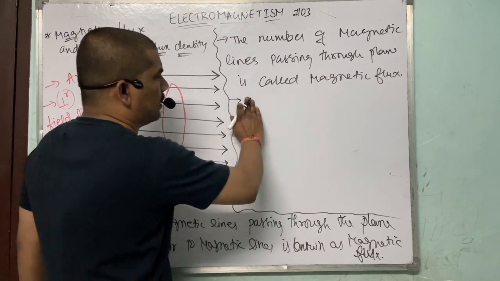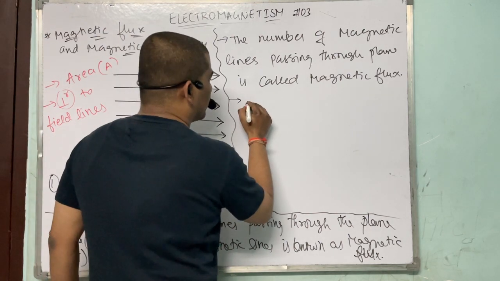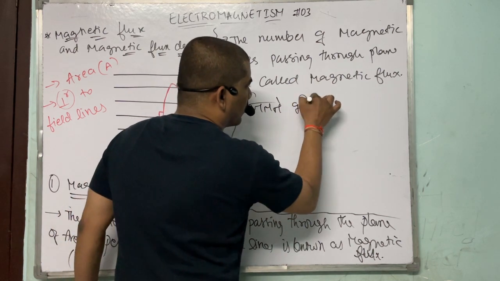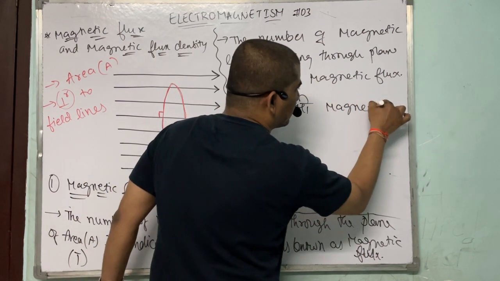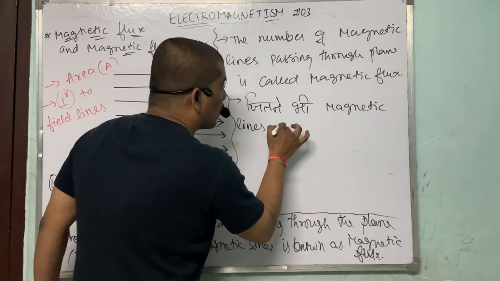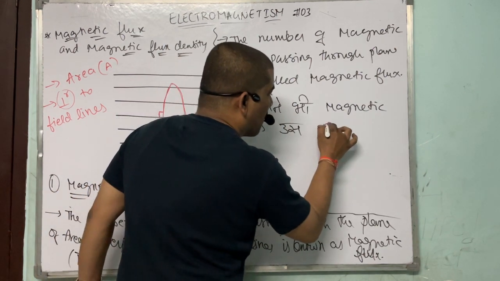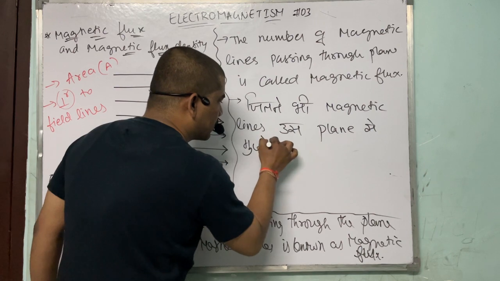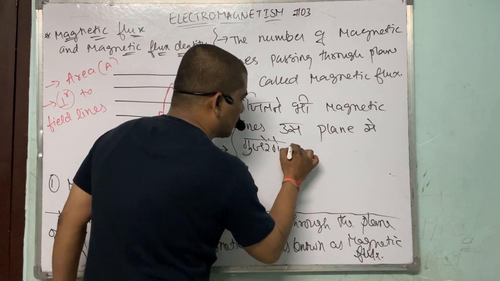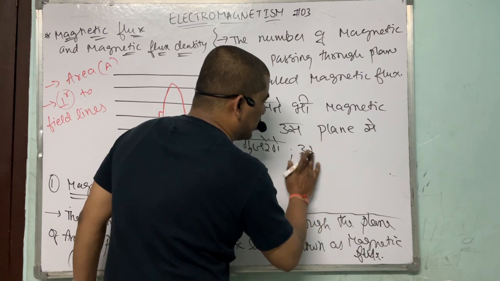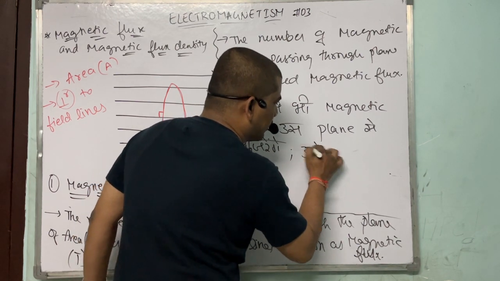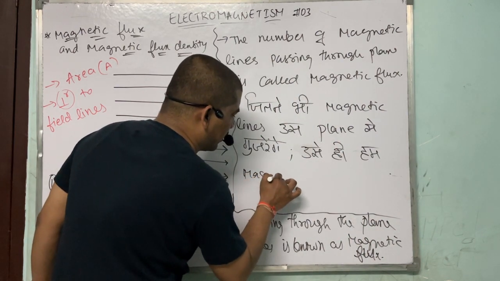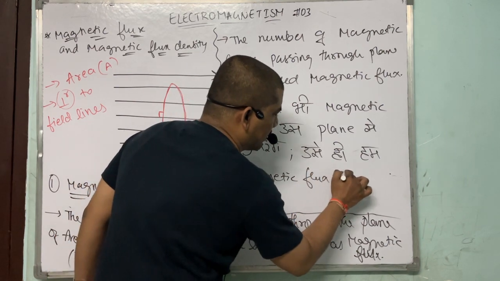Okay, let us see, in Hindi we'll try to write. जितने भी मैग्नेटिक लाइंस उस प्लेन से गुजरेंगे उन्हें और उससे ही हम मैग्नेटिक फ्लक्स कहेंगे.